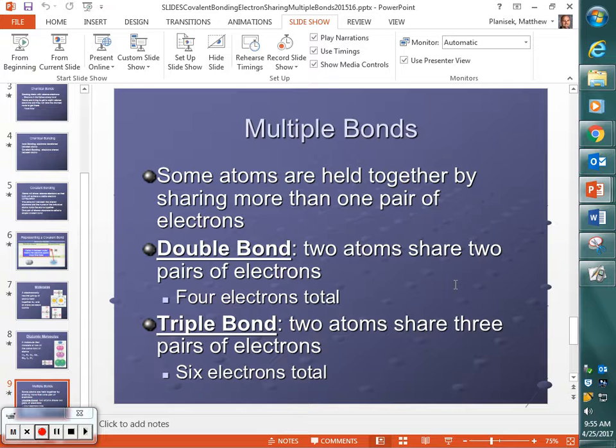Okay. Go up the page a little bit and find the list of elements that forms diatomic molecules. Do you see the list of 7 elements?